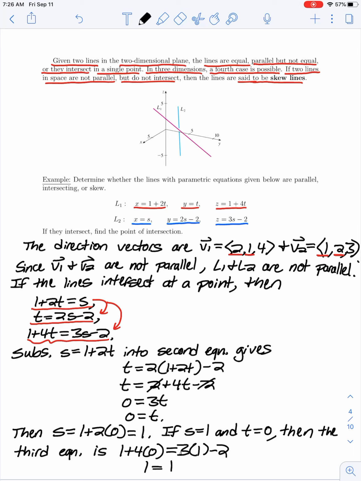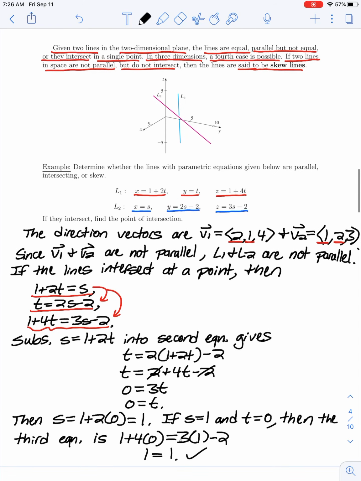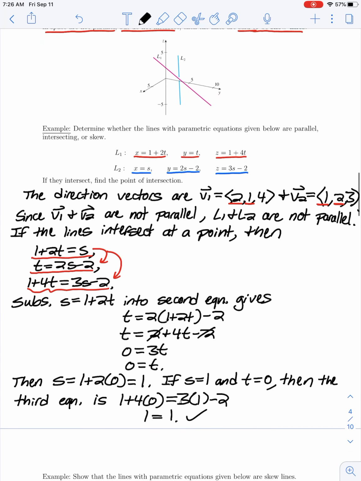So we would have 1 is equal to 1. So if s is equal to 1 and t is equal to 0, then all three of my equations are satisfied. So that means that there is some point of intersection for these two lines.